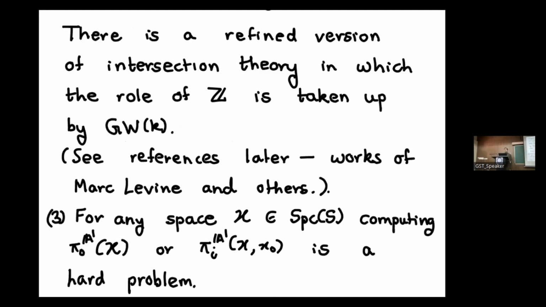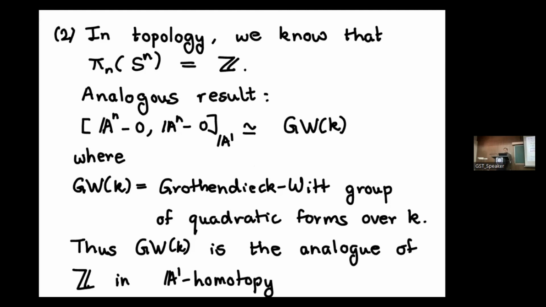And so you can actually build the role that Z plays in our older theories. You can make it a project to replace this Z by the Grothendieck-Witt group everywhere and see what the A1 homotopy analog of all your old constructions is.